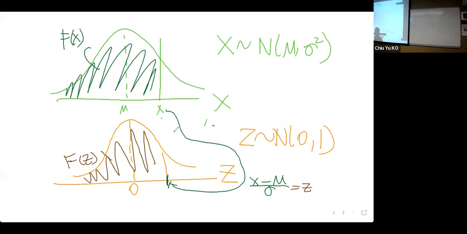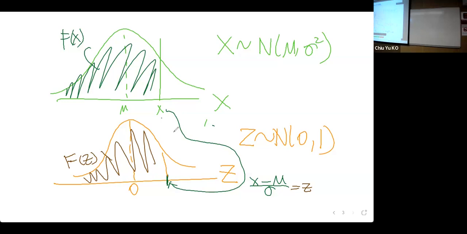But z is looking at how your number is relative to the mean mu, and the distance is measured by how many SD. So when z is 1, it's 1 SD above. If z is 2, it's 2 SD above. If z is minus 1.5, it's 1.5 SD below.